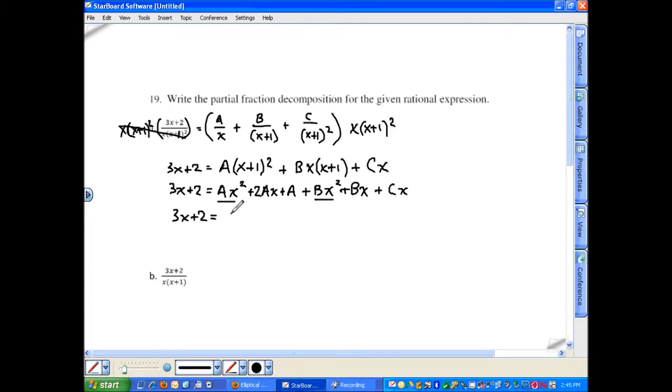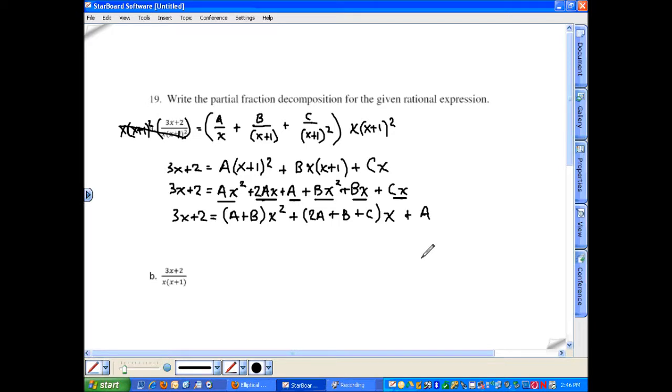If you factor out the x squared, it's going to be a plus b. Here we have a linear term, 2ax, and then bx and cx. So if we group those together and factor out the x, we're going to have 2a plus b plus c, factor out the x. And we have this single constant here, plus a.